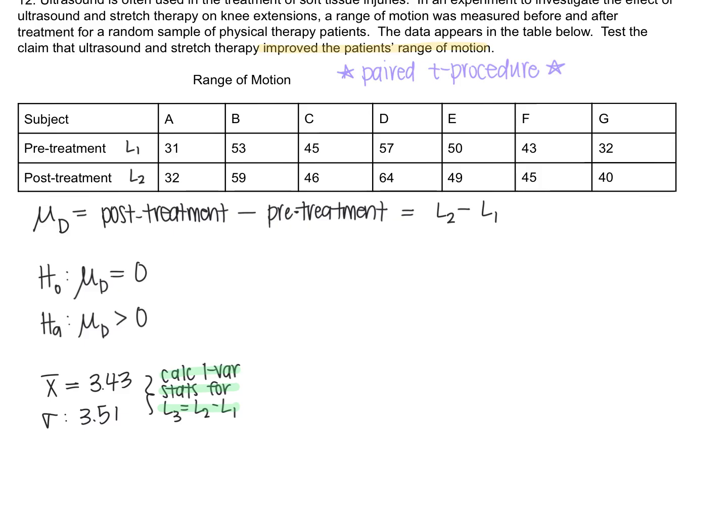All right, so because it is a sample mean and a sample standard deviation, this is still a t-test statistic. So we're going to do 3.43 minus 0 over our sample standard deviation, 3.51, divided by the square root of n, which is 7.